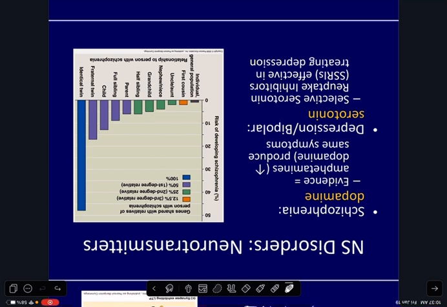So, for example, we talk about neurotransmitters, right? What do neurotransmitters do? Where do you find them? The synaptic gap. In the synapse, right? And what do they do? They carry information from one neuron to another in a chemical form.